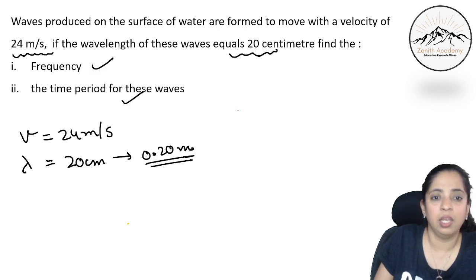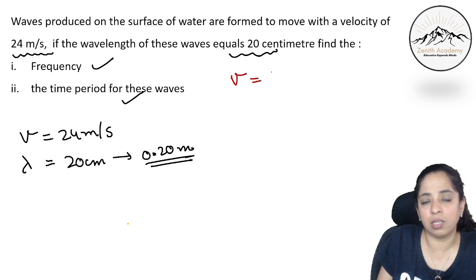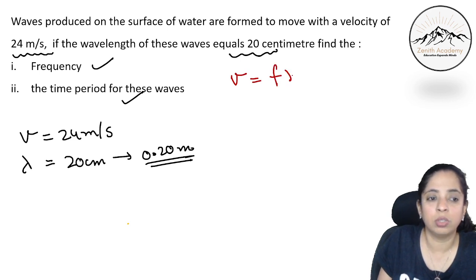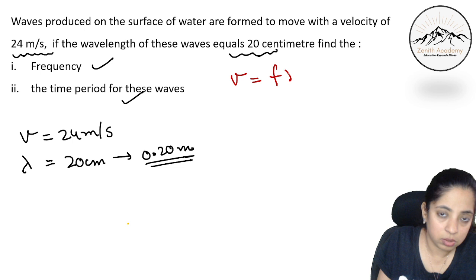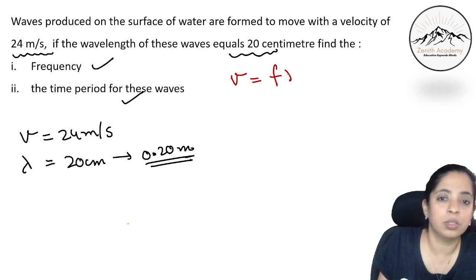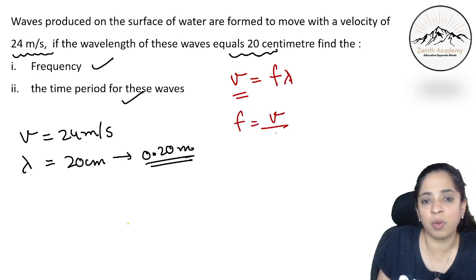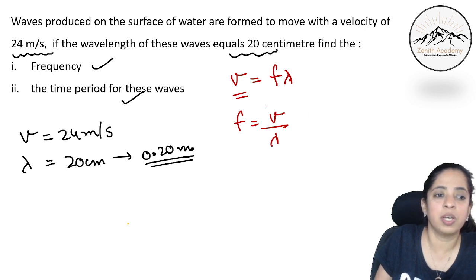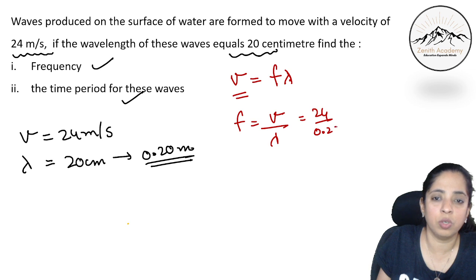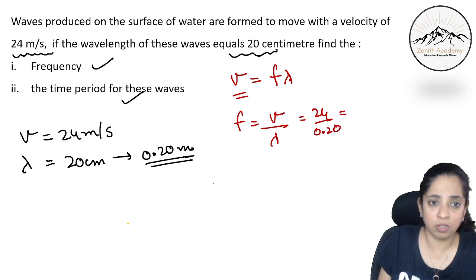So easy. We know velocity is frequency into wavelength, right? So for frequency, it will be velocity upon wavelength. So for the first one, 24 upon 0.20. Find out the answer.